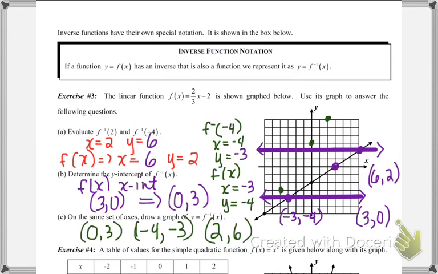Using our straight edge, we can graph this line. So we'll call this our inverse function, and the other one was just our function.